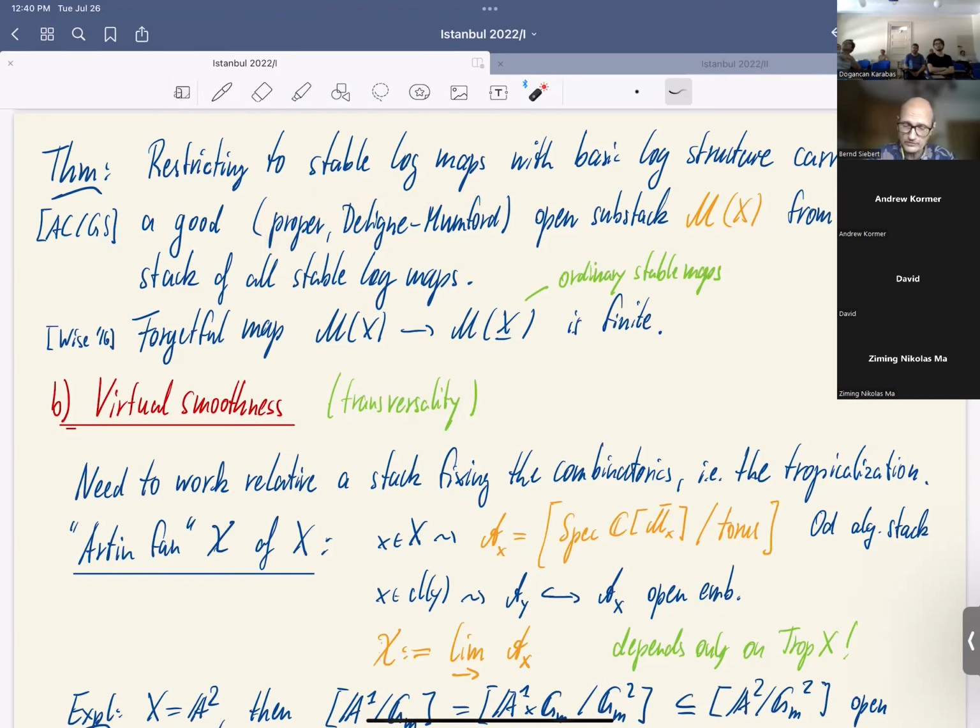While the stack of all stable log maps is neither Deligne-Mumford nor proper. And then if you're interested, of course, you have a forgetful map. A stable log map is really an enrichment of an ordinary stable map. So the forgetful map to this ordinary stable map space actually is finite. And that has been proved by Jonathan Wise in 2016.